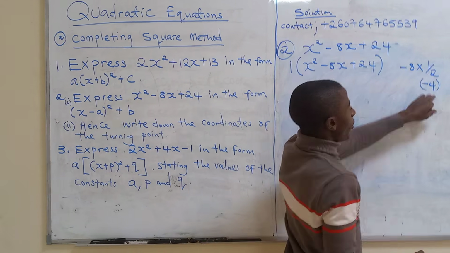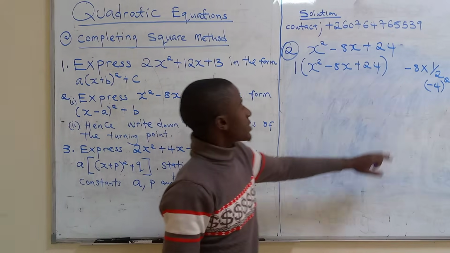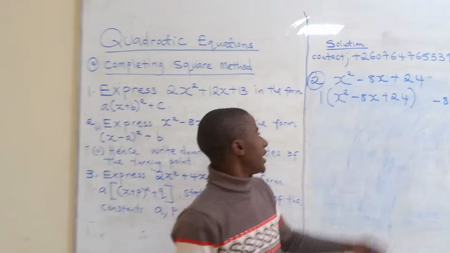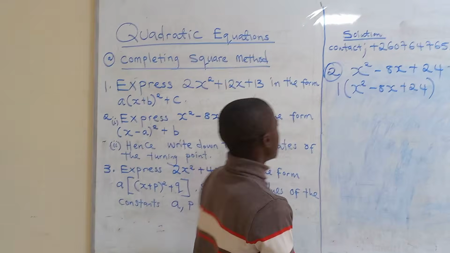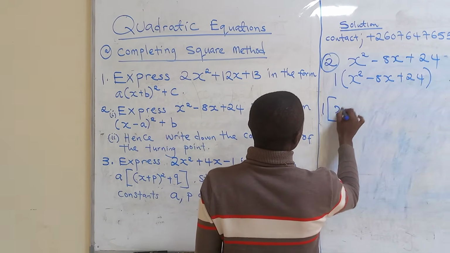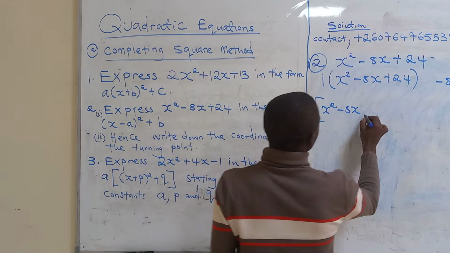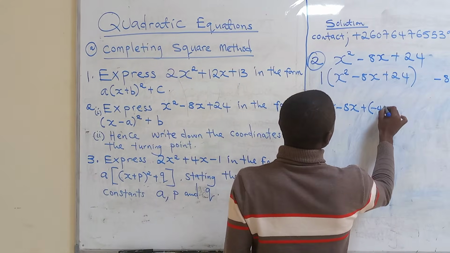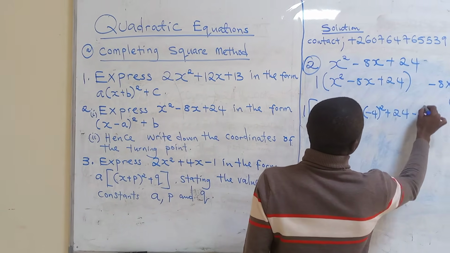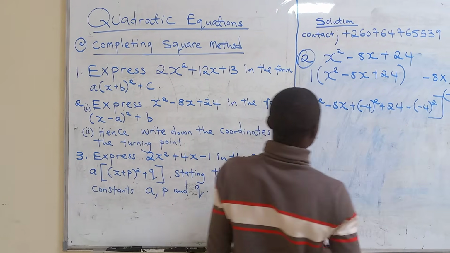This negative 4 has to be squared without simplifying it. This same negative 4 squared is the one that you are going to add and subtract to the quadratic equation. So that is 1 open brackets, x squared minus 8x plus negative 4 squared plus 24 minus negative 4 squared, we close the brackets.